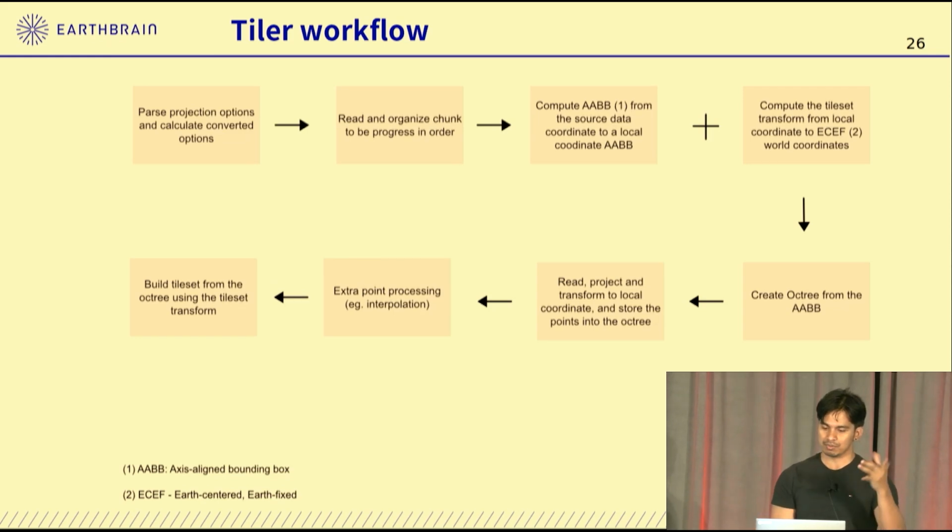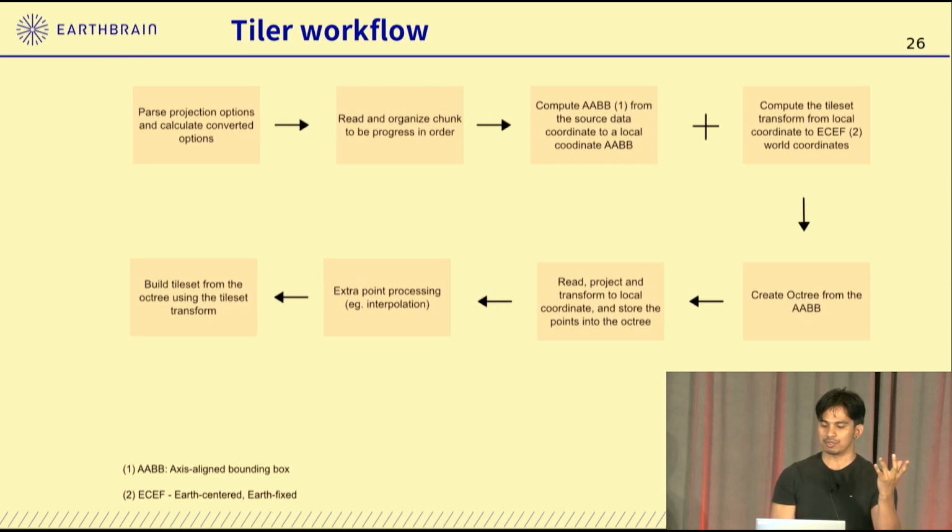And then we create what we call an AABB, which is a box in memory within the location coordinate system. We also calculate the transformation that the tileset needs in order to write the tileset later. So we're doing two things at once at that time.